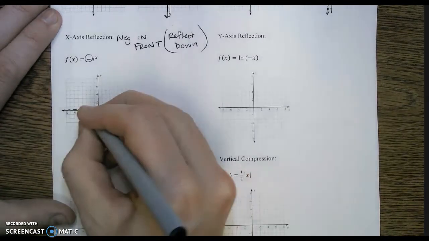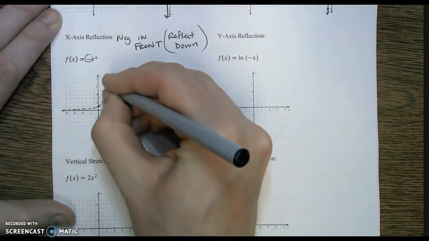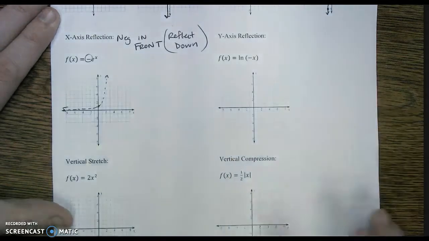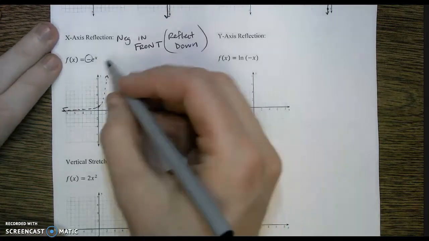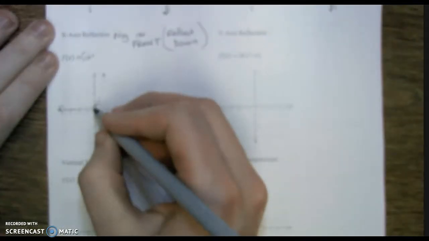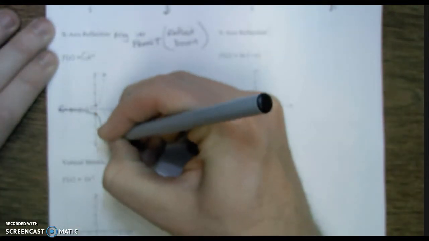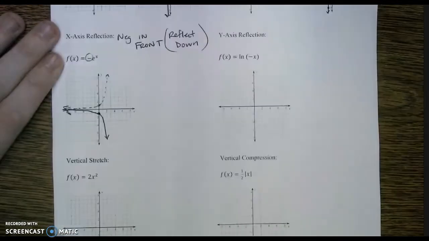I'm going to make an old E graph, dotted line, and we're going to reflect it down. So instead of going up 1, it's going to go down 1, and it'll look like this. So the negative just reflects it down.